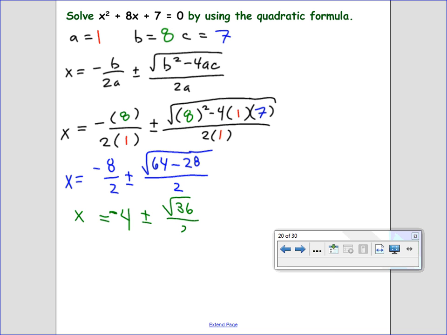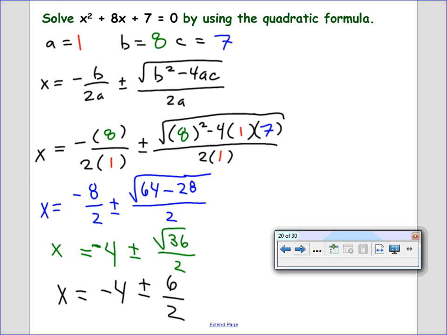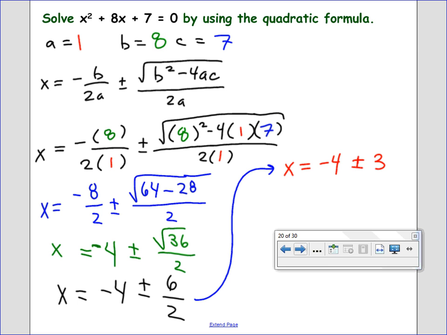Close radical, all over 2. So I'm getting x equals negative 4 plus or minus the square root of 36, which is 6, over 2, 6 halves. And then we'll keep the party going. So I'm getting x equals negative 4 plus or minus 3.